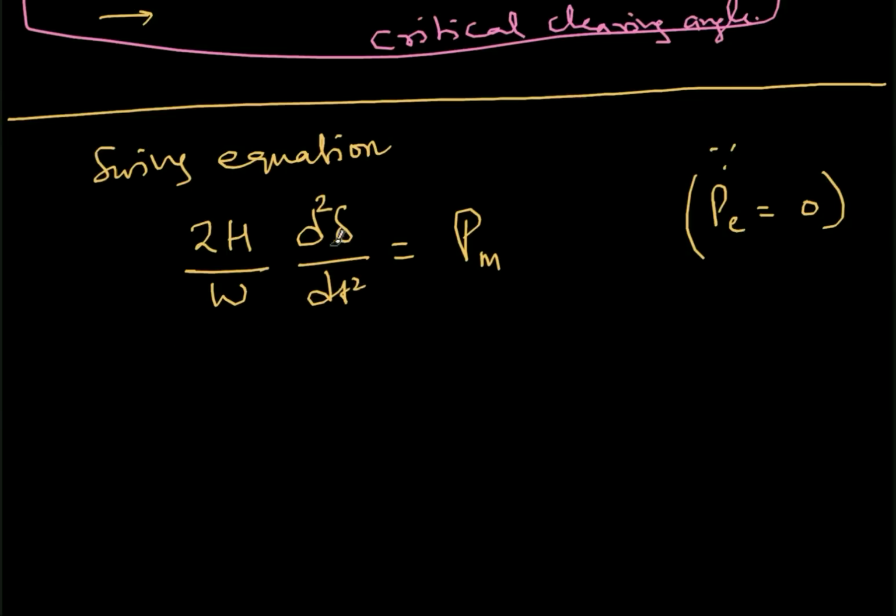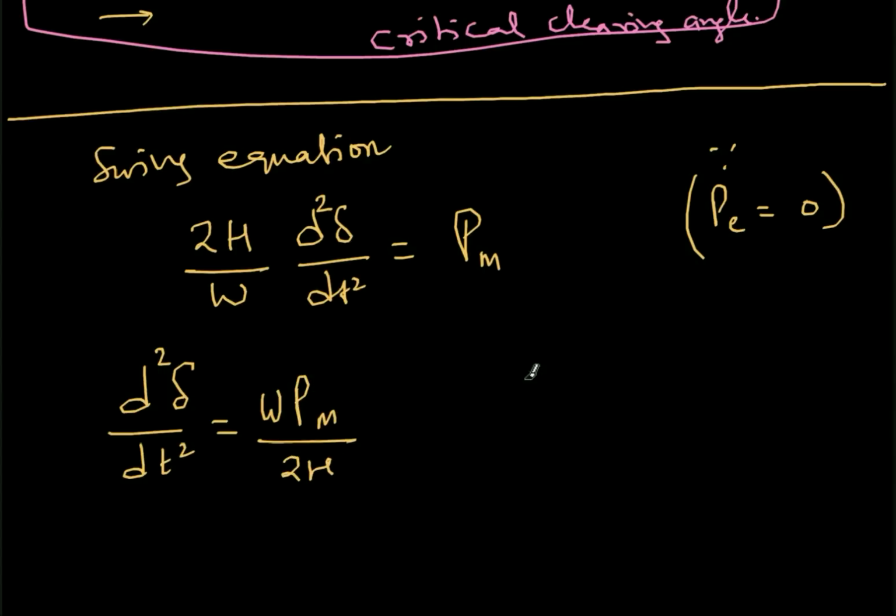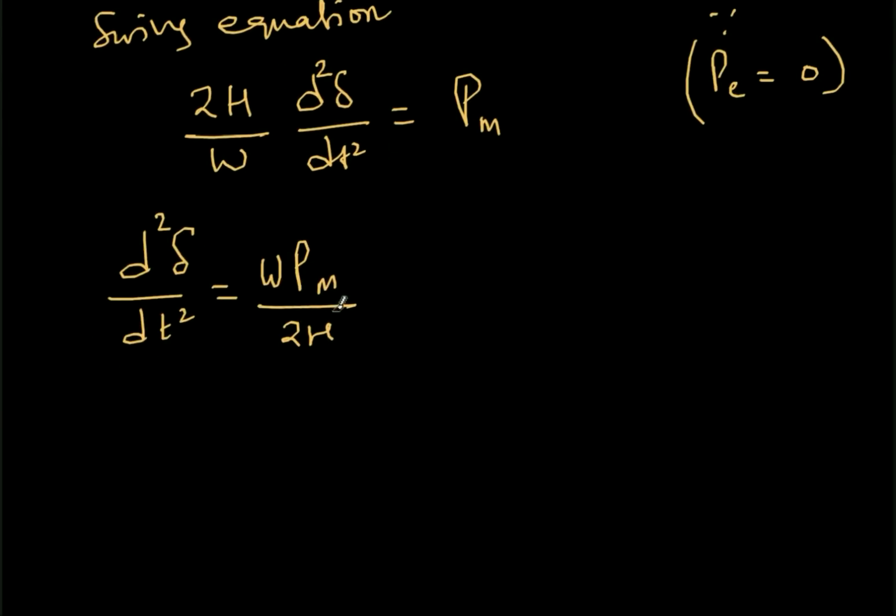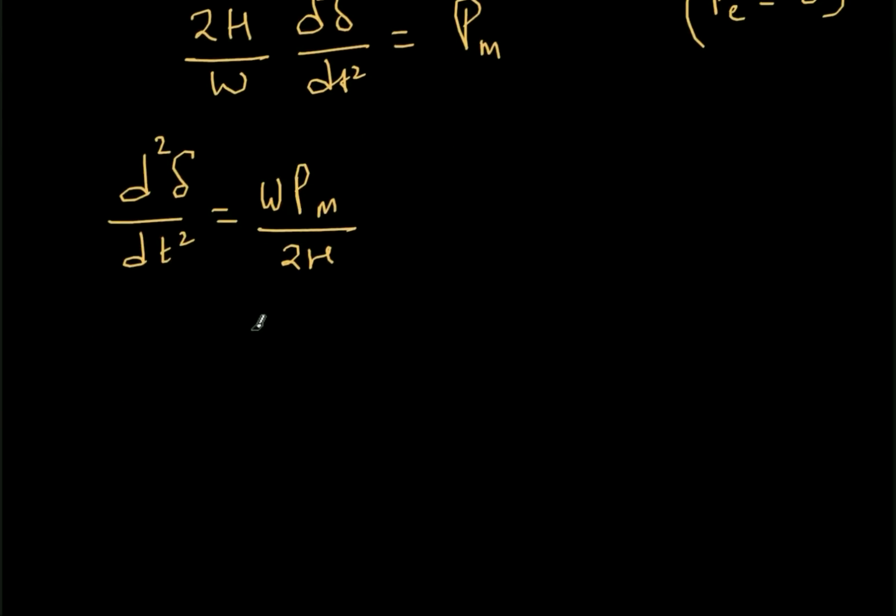From this, I want to find out at what time delta C occurs. So, in fact, delta C is known. So just do some manipulation. The second derivative of delta is nothing but omega PM by 2H. Integrating with respect to time, the second derivative will become first derivative, d delta by dt, and this will simply be multiplied by time.